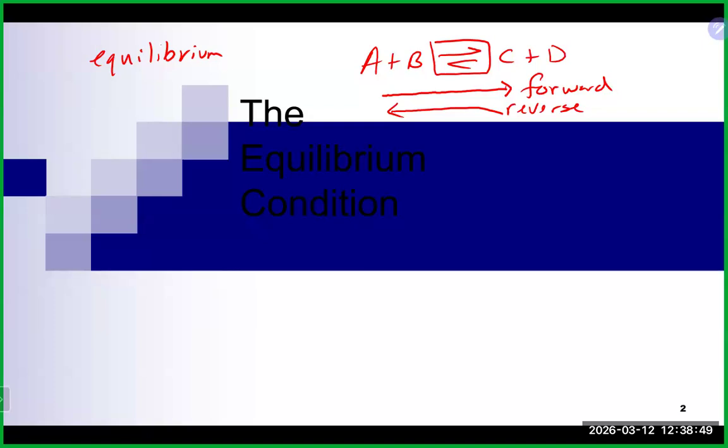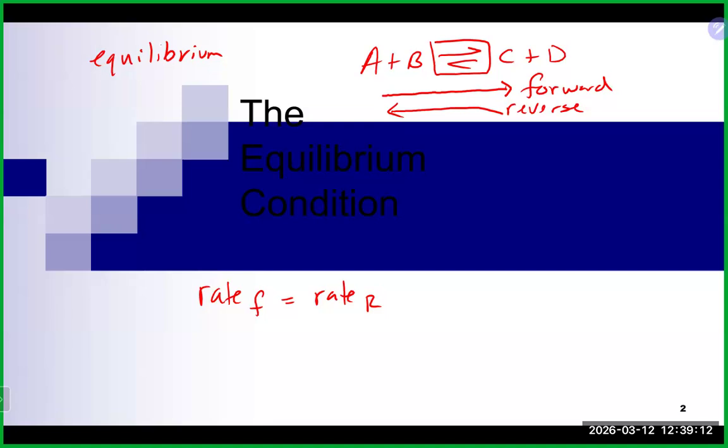Equilibrium actually means what we were just talking about in the last chapter. It means that the rate of the forward direction will eventually equal the rate of the reverse direction. So when a reaction reaches equilibrium, the rate of reactants going to products equals the rate of products heading back the other way.